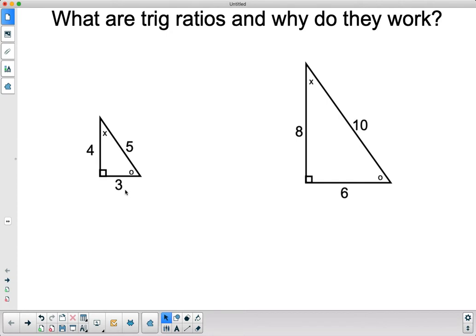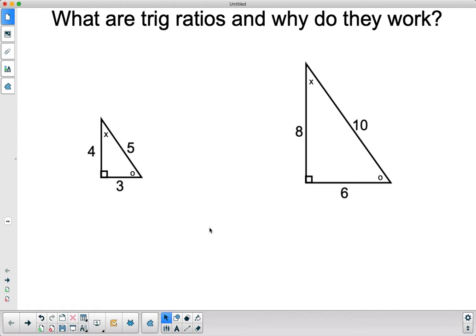So hopefully you can agree with me that these are actually similar triangles, that this angle down here is the same as this angle there, and this angle up here, those two x's match up and the two right angles match up. So they've got 3 of the same angles, so they're definitely similar triangles. And you can see that these sides are all just multiples of the other sides.